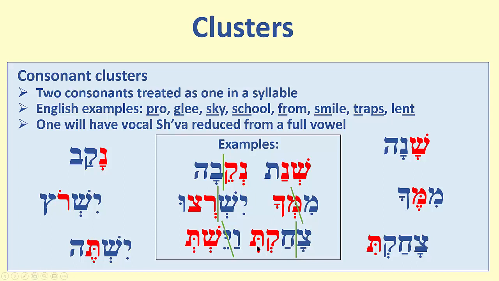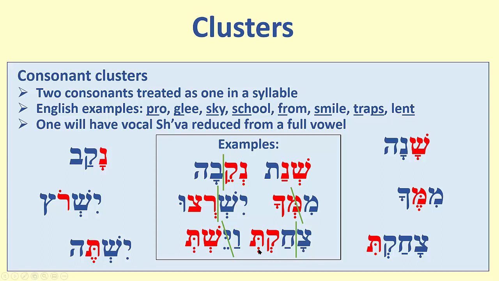Here we have tzachakt. What actually happened here is the tav did have a full vowel attached to it, and somewhere along the line before the Bible was written down, that vowel was lost. It was no longer pronounced.